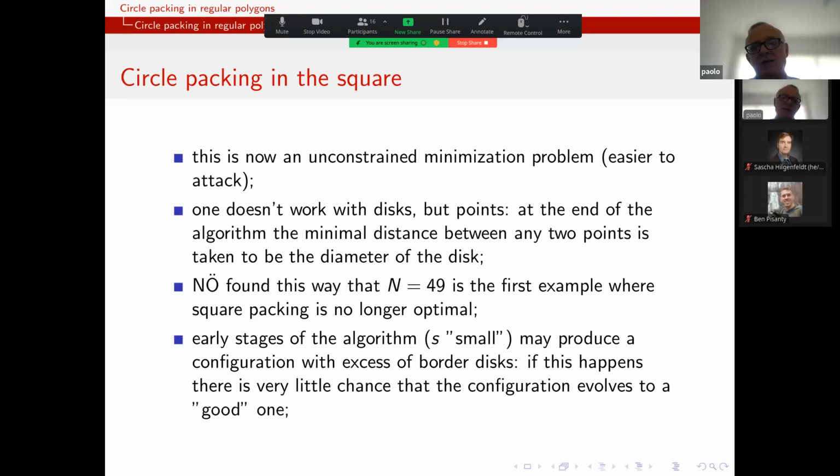If you produce at the very early stages of the algorithm too many disks on the outer border, that could fail to produce an optimal configuration, because once a point has fallen on the border, there is no way back, right? Because the resultant of the forces of all the particles will always point outwards. And so, if the algorithm fails to produce a good configuration with a very decent number of border disks at the beginning, that could produce problems later on.